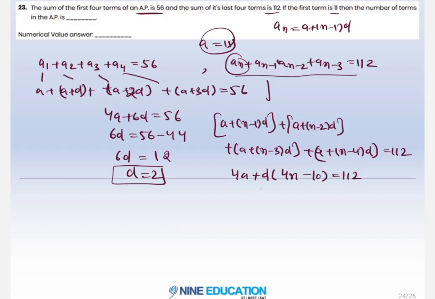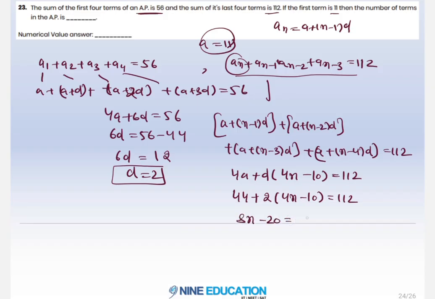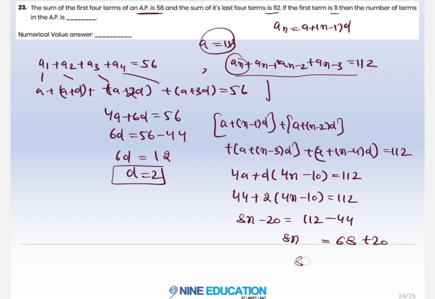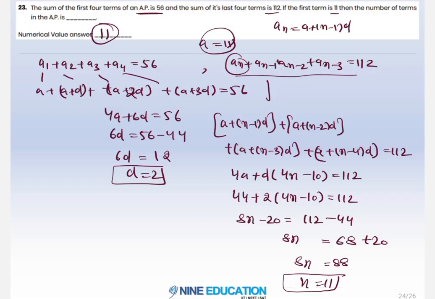Substitute values of a and d as we found. a is 11, so it's 44, d is 2. So 4a_n... 2(4n - 10) = 112 - 44 = 68, so 4n - 10 = 34, n = 11. So total number of terms are 11. So the answer is 11 terms in this arithmetic progression.